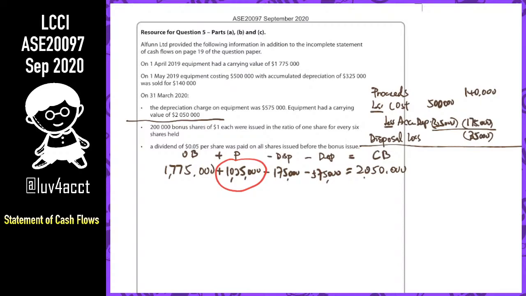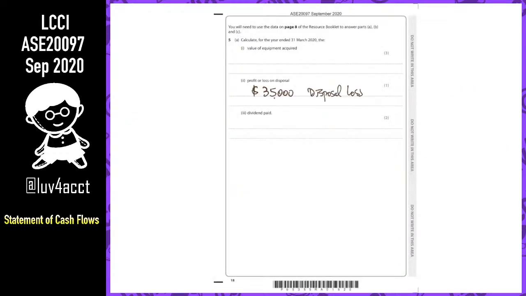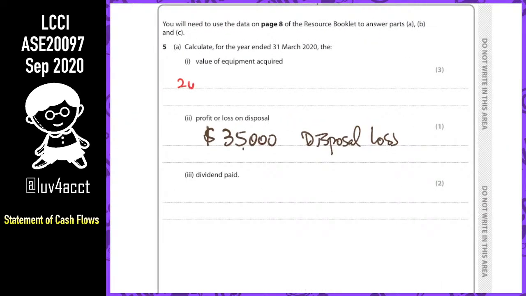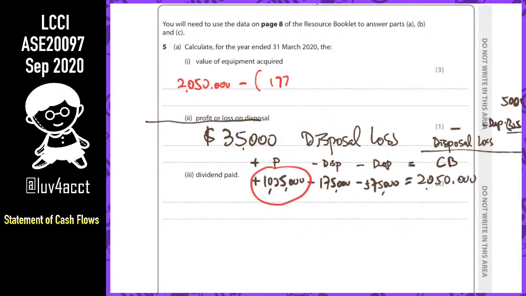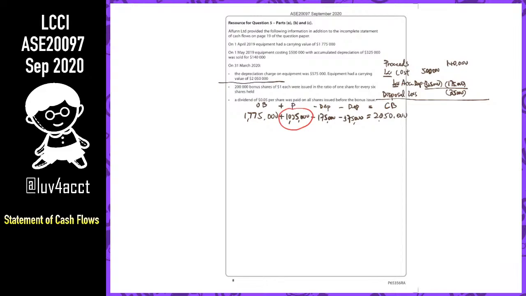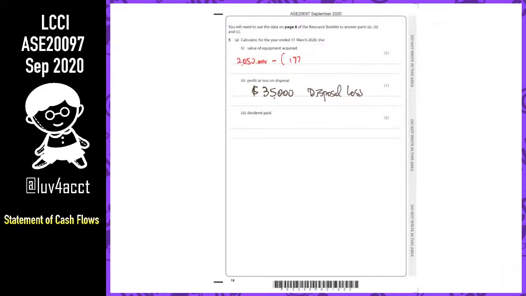Okay, and for this one, we need to give the calculation, okay, for 3 marks. So I will just use this one, 2,050,000 minus 1,775, is it? Let me check, yes. And then plus 175 plus 575.